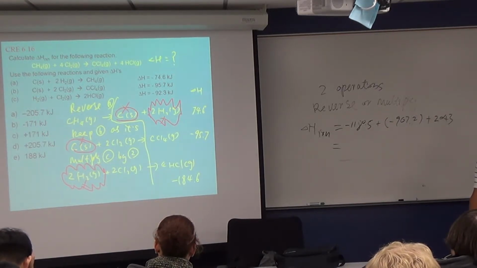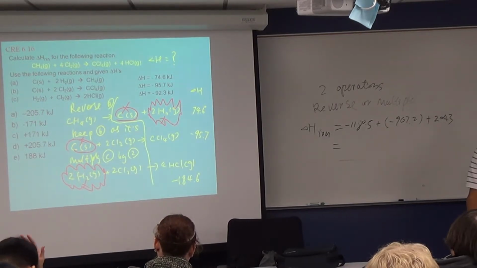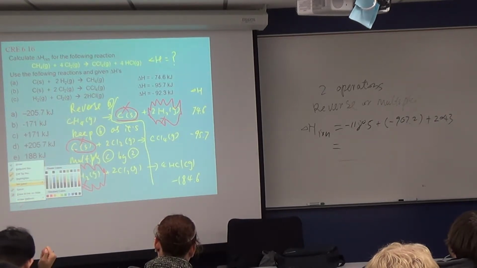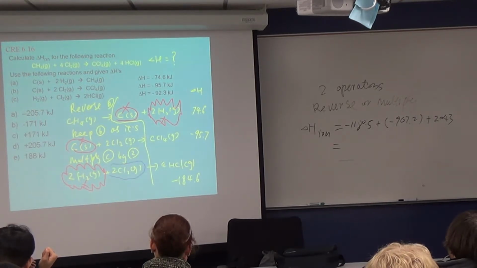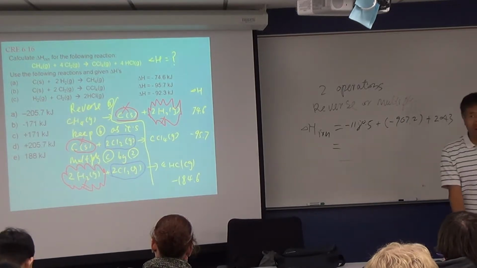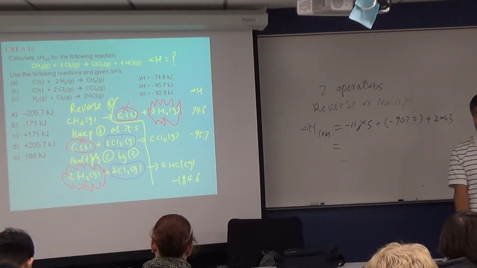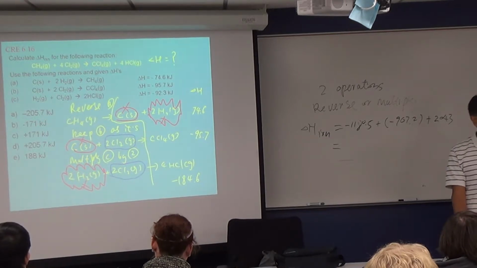Now what do you do? You see this Cl2 here, and let me change the color. Here you have 2, and you have 2. Do you cancel them out or combine? Combine, they're on the same side, so combine them.